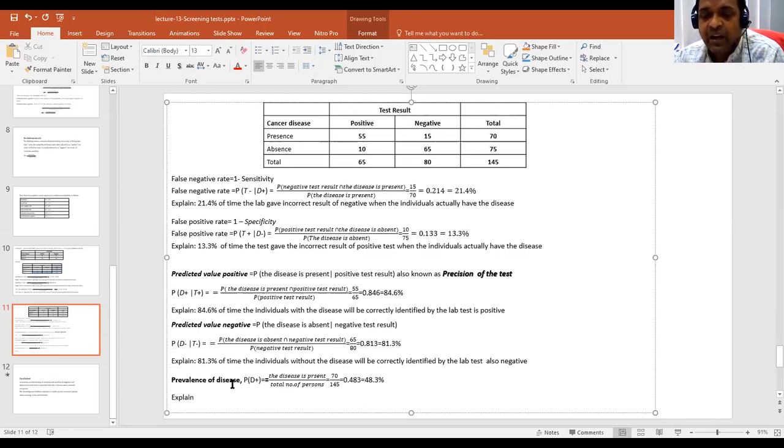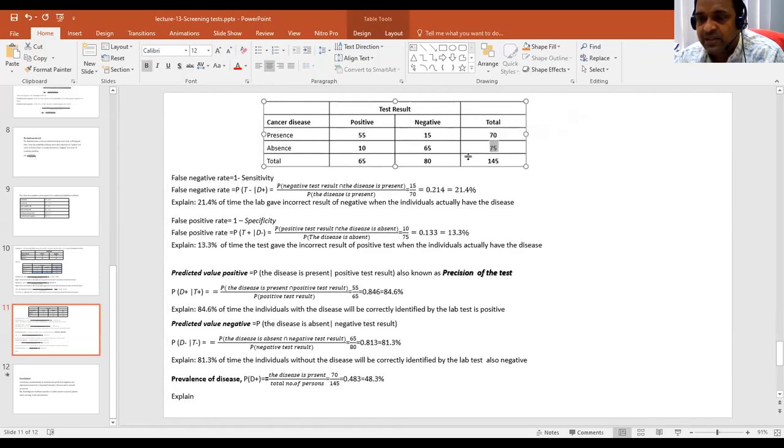We learned before that prevalence is the total number of individuals suffering from the disease out of the total population. Here the number with the disease is 75 out of 145, which is 48.3%.